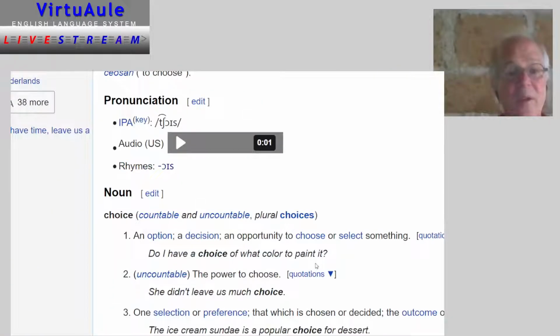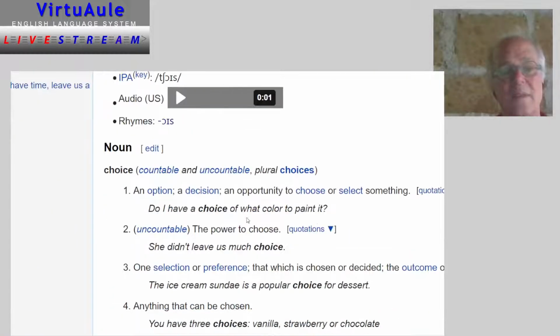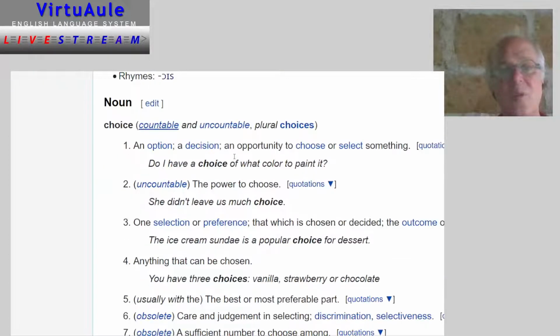So this is a countable and uncountable noun, and so we have the plural choices. You have an option. As an uncountable, we see an example, the power to choose. Okay, so she didn't leave us much choice.